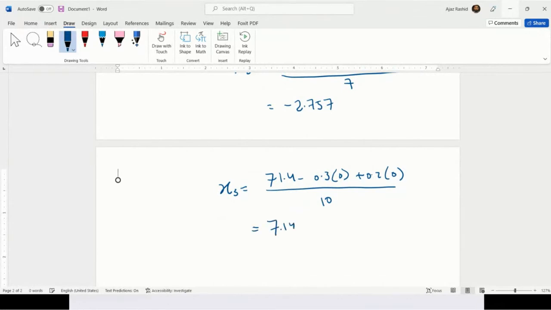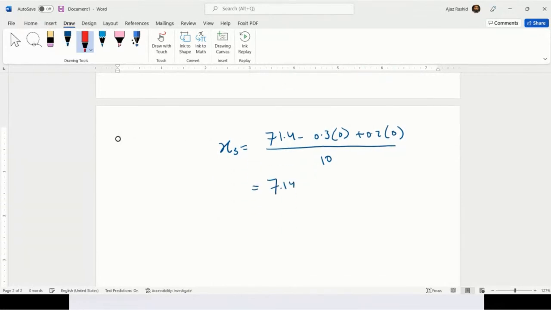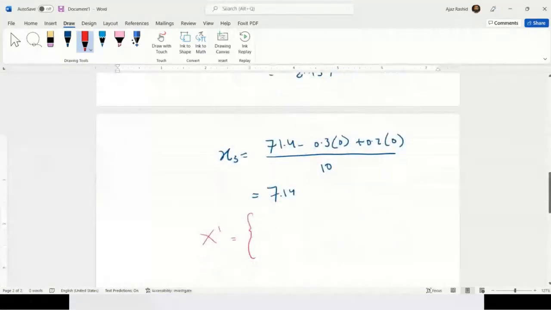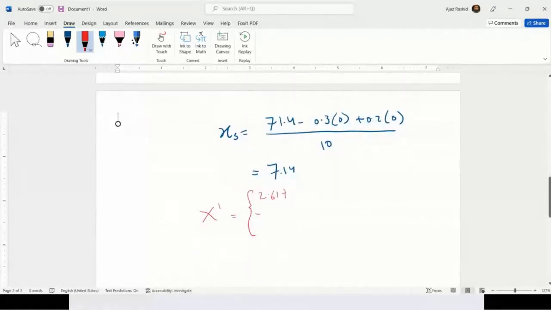So 7.14. So my x values, that's the value after the first iteration, are 2.617, minus 2.757, and 7.14.